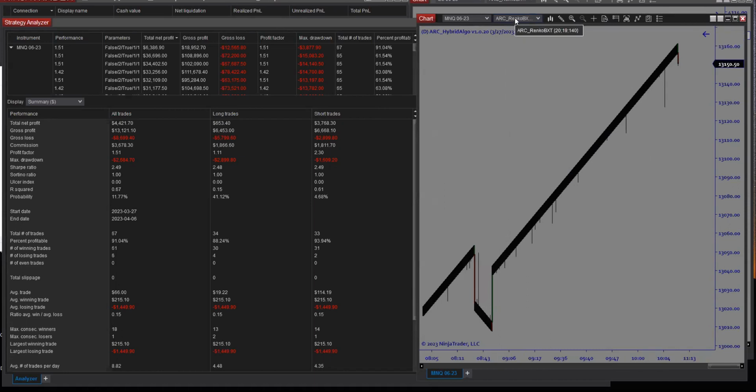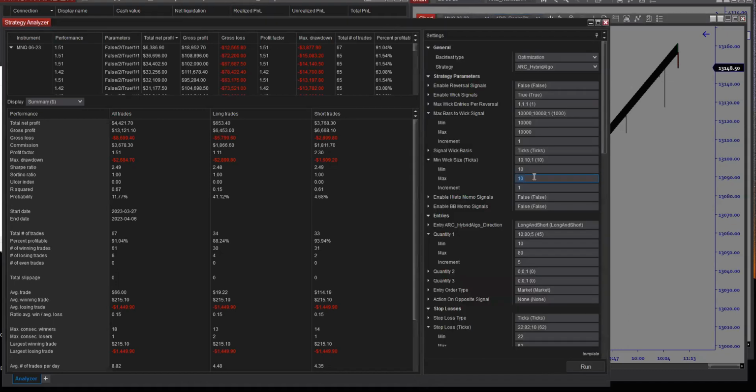If I have a 140 tick reversal, 141 ticks will cause the reversal. So that would be my maximum. I could set it to a minimum of 10, and I could set it to 141 or 140, right? And I could set it in increments of 5.